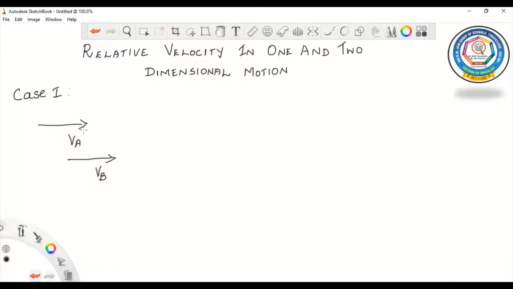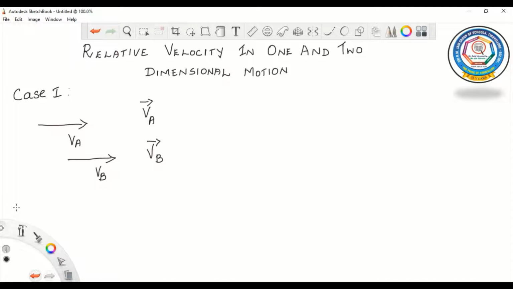These two objects are moving along straight tracks in the same direction, and VA vector and VB vector are the two velocities. We know that velocity is a vector quantity, and VA and VB are the velocities of the first and second body with respect to ground.